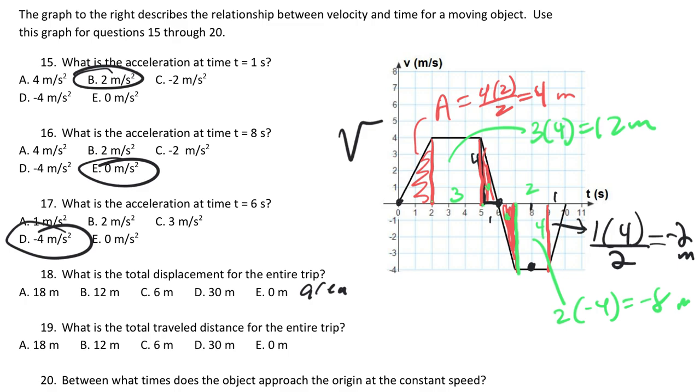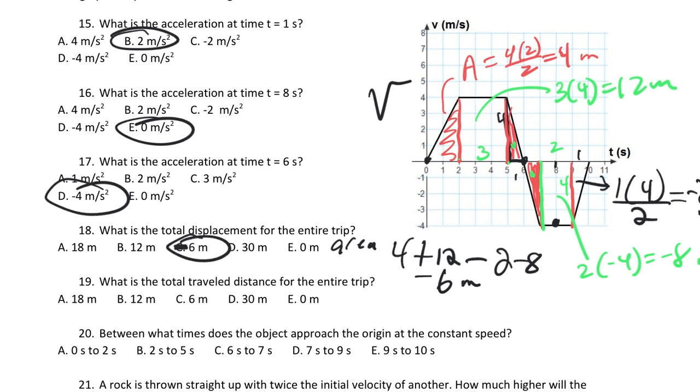Negative because it's underneath the x-axis. Okay, so let's add these all up. So it's 4 plus 12 minus 2 minus 8. So 16 minus 10 is 6, negative 6 meters. So it's really supposed to be negative 6 meters.